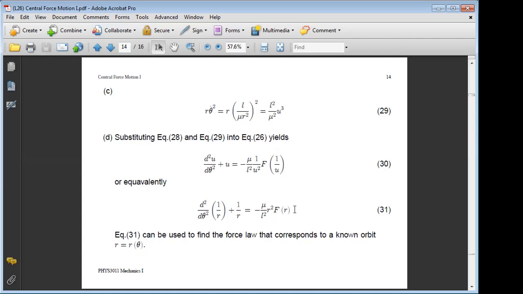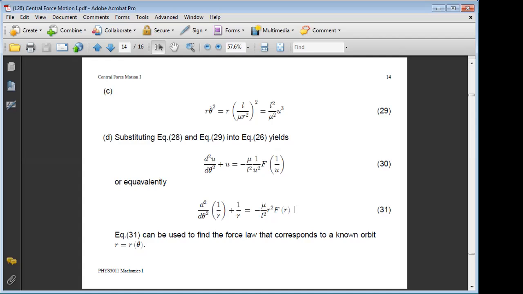To begin with, we give you the force, a central force. Okay, and then solving the equation of motion, we can determine the trajectory of the reduced mass particle. Right? Given the force or given the potential energy, we can determine the particle's trajectory.